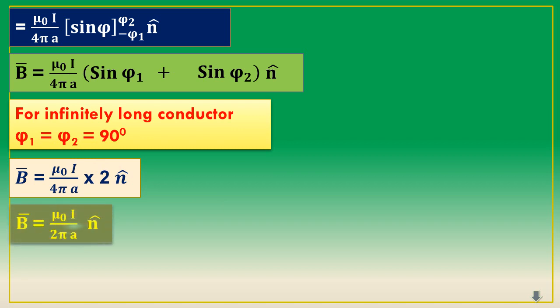Students, we can cancel this 2 and 4. So B vector is equal to mu naught I divided by 2 pi A into n cap. And that is the final value we received for the magnetic induction at a point due to an infinitely long straight conductor carrying a steady current.